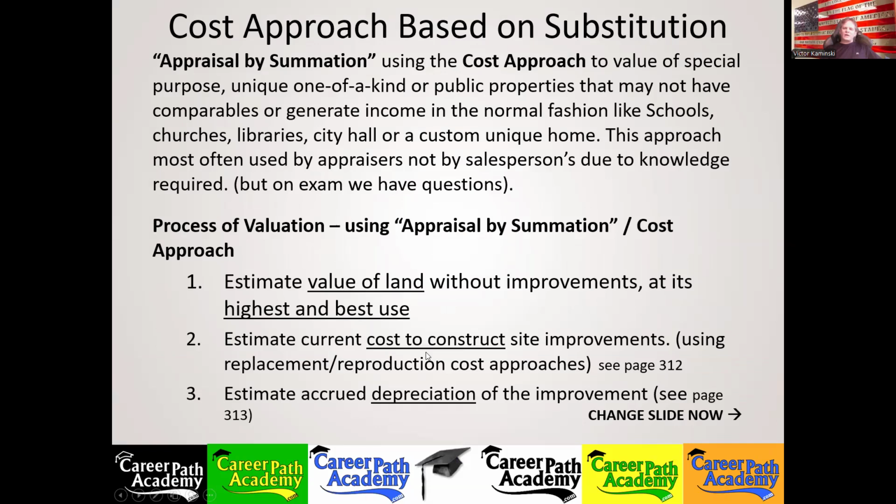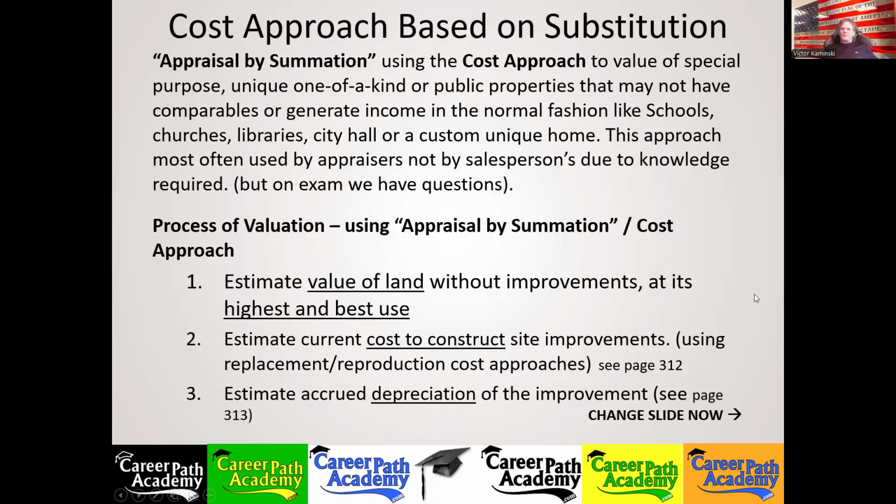Then they estimate the cost to construct the buildings and all the improvements, running the lines for the gas, sewer, electric to the house, doing the improvements of constructing the building, using either the replacement or reproduction cost approach, which you need to know the difference of for exams. And then they have to estimate the accrued amount of depreciation to the improvements.